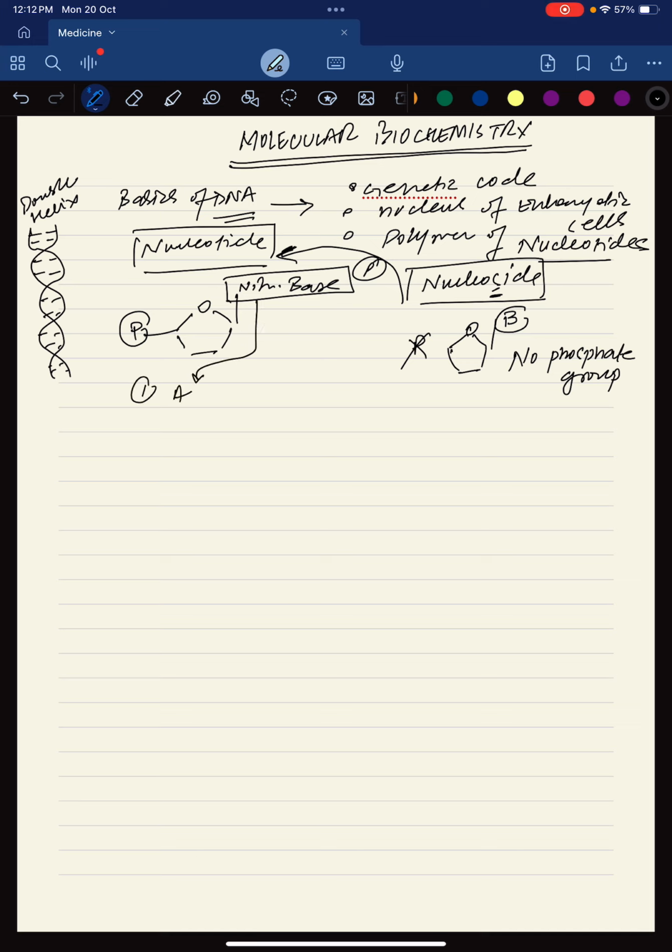Further, for the nucleotide, we're going to discuss its bases. We have 5 bases: adenine, thymine, guanine, cytosine, and we have uracil, right?